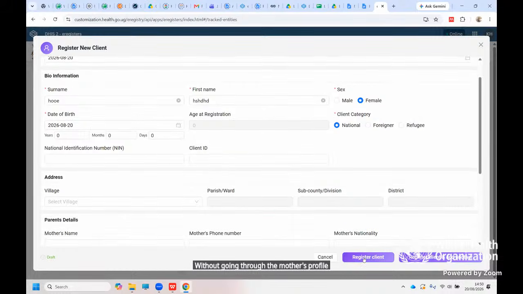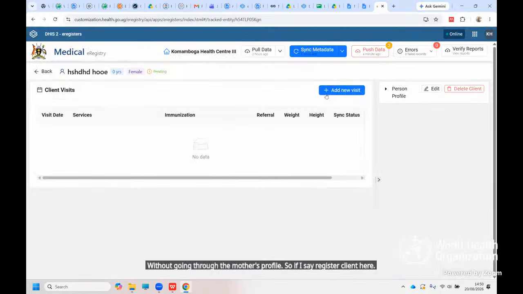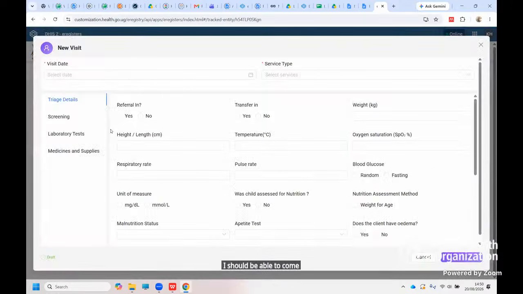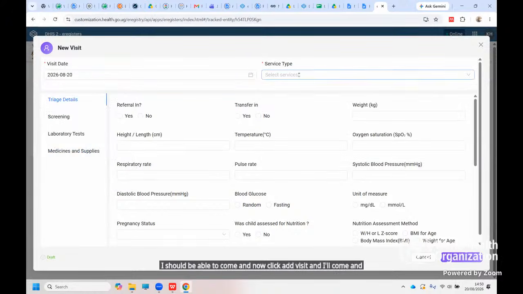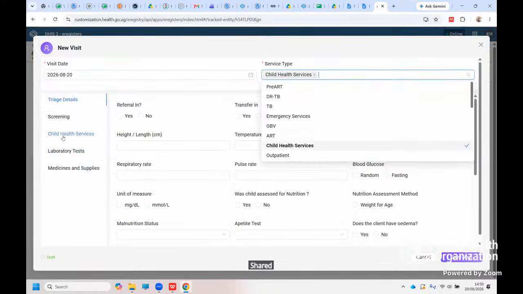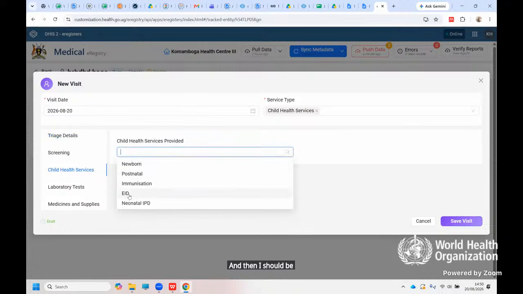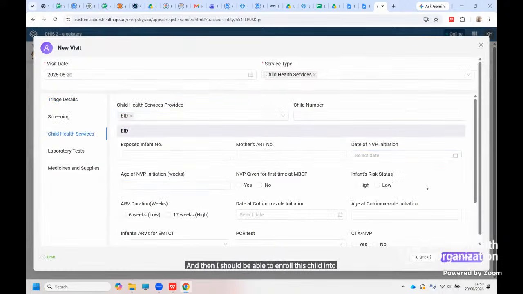If I say register client here, I should be able to click add visit, select Child Health Services, and then enroll this child into EID if the child was not enrolled at the point of delivery, or if it was a home delivery.